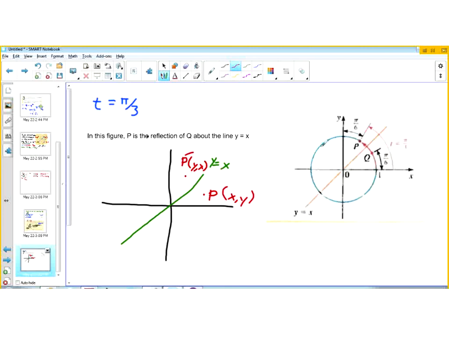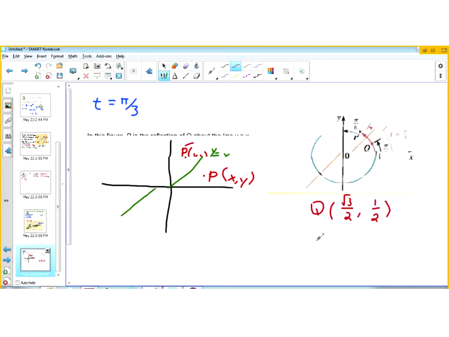Okay, so now, how does that help us with this calculation? Well, P is the reflection of point Q about the line y equals x, based on the symmetry of the circle and the symmetry of the line y equals x. So we know the coordinates of Q are the square root of 3 over 2 for the abscissa and 1/2.